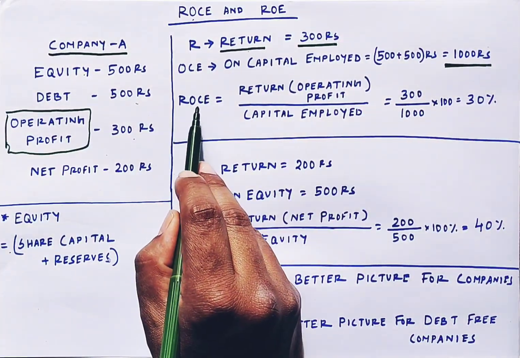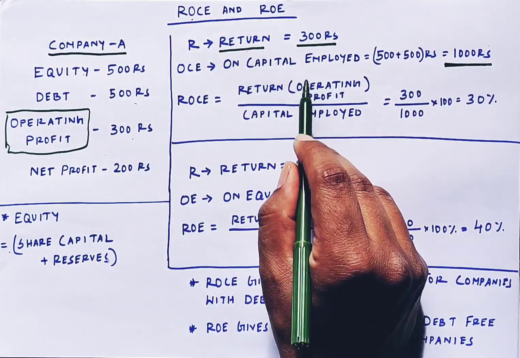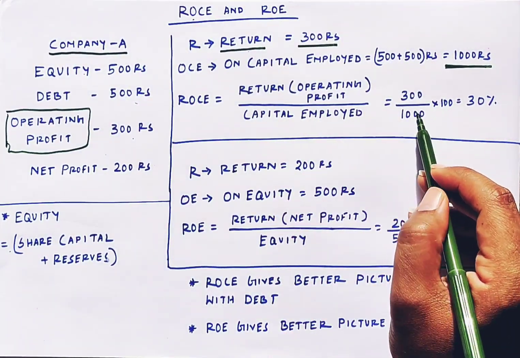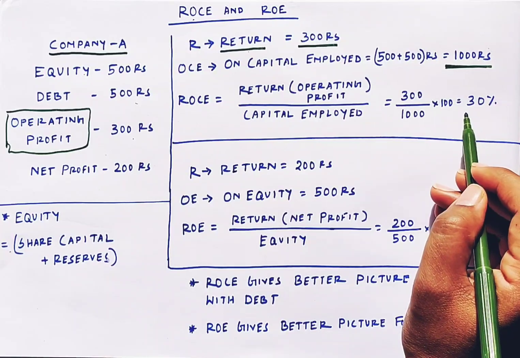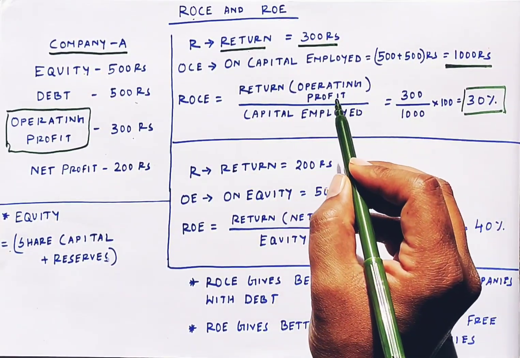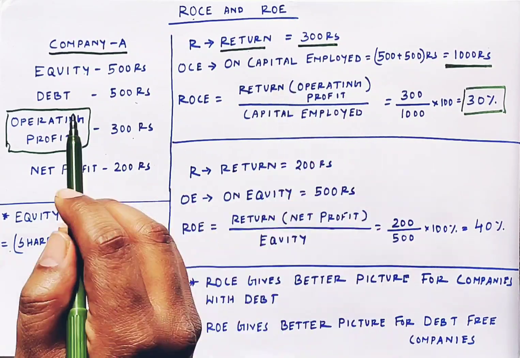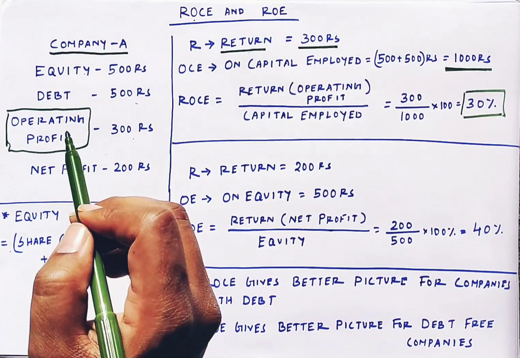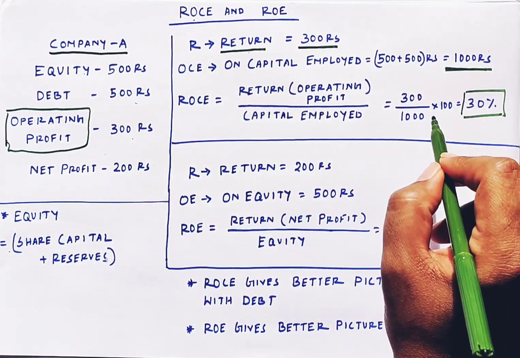Then your ROCE will be return, which is the operating profit, on capital employed. So it is 300 by 1000 into 100, which becomes 30%. So the important takeaway is that for ROCE you will only consider operating profit. That will give you a clear picture of the ROCE.